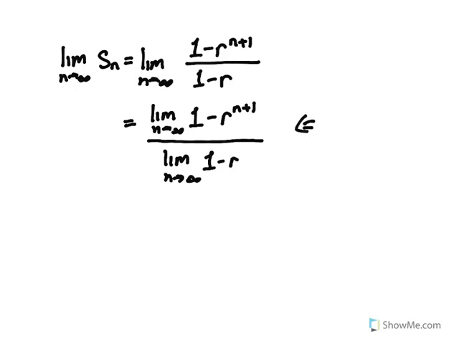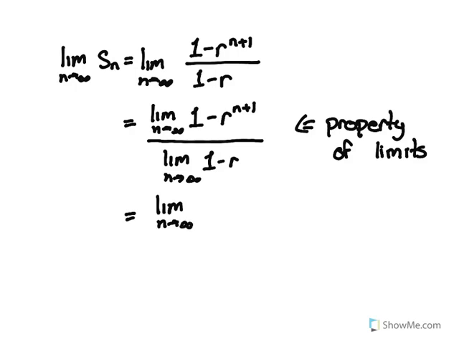This is a property of limits, and it's true if both the numerator and the denominator have limits. Notice that the denominator here does not actually depend on n, so the bottom limit is just 1 minus r. So we're only left with the limit in the numerator: the limit as n goes to infinity of 1 minus r to the n plus 1, over 1 minus r.